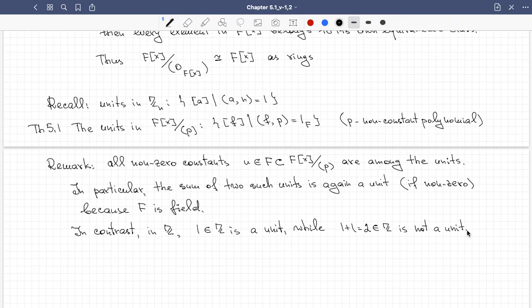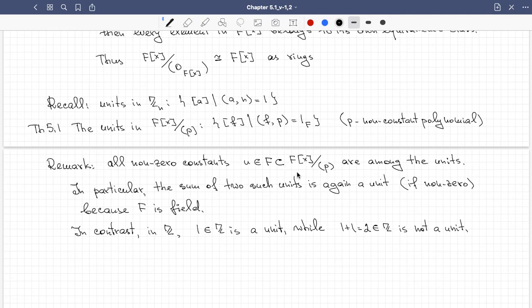So be careful, please. Have in mind, in general, in a ring, this is not the case. Units may not constitute a subring.